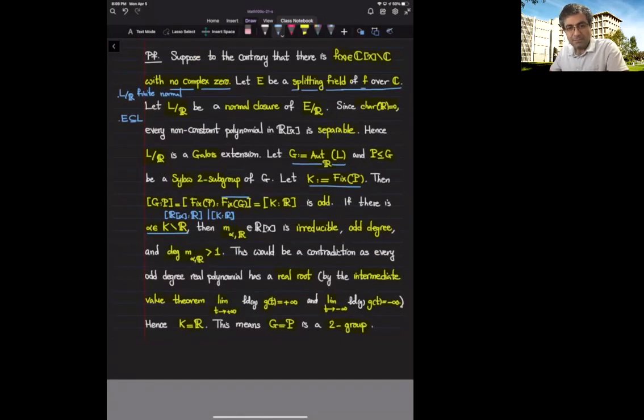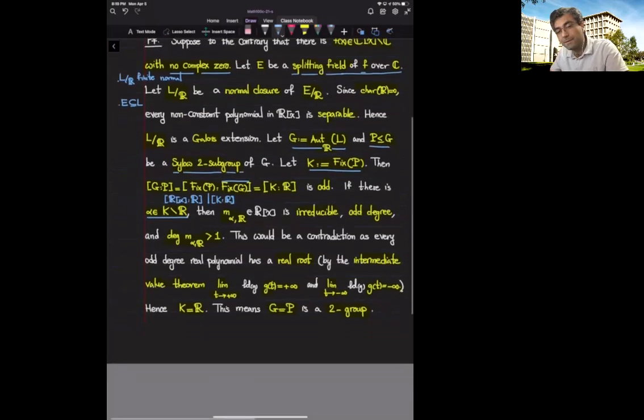But as I have pointed out, you will see why we have to consider the Sylow 2-subgroups rather soon. So let P be a Sylow 2-subgroup of the group G. And let K be the set of fixed points of P.